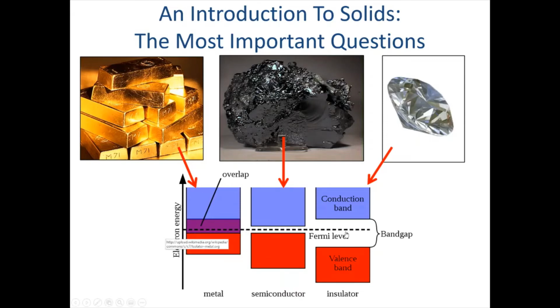The way to think about the Fermi level, and we're going to talk about this in more detail, is where the gap is between the orbital that the electrons are in and the orbital that the electrons aren't in. Depending on where that Fermi level is, whether it's inside of a band gap, or inside of a large band gap, will determine how conductive a material is.